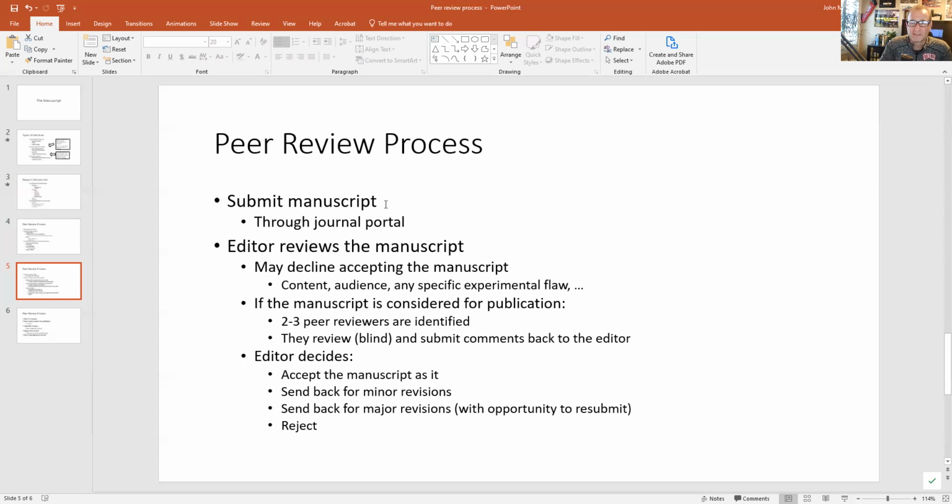The editor identifies them and then sends the reviewer a request to review, and that person will look at the title, maybe look at the abstract, and then say, yes, I can do this, this is in my area, or no, this is not in my area, or no, I don't have time, I can't do a thorough review, what have you. But at the end of the day, the editor will identify 2 or 3 peers doing a similar type of research to review the manuscript.